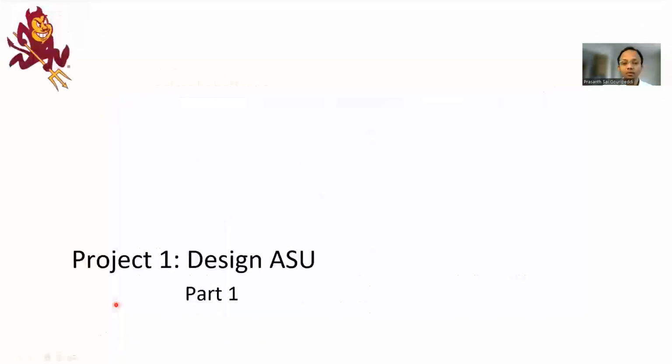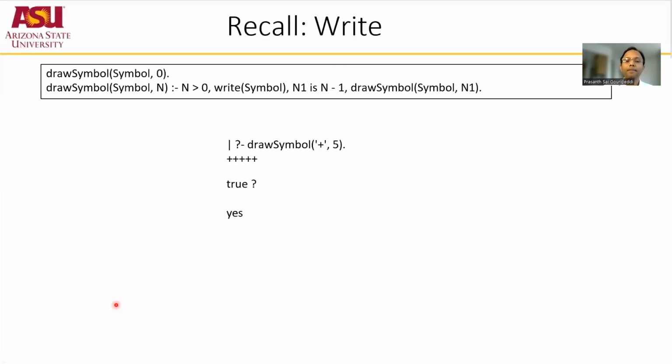So as part 1, let us see how to output the various lines that are required, that is the horizontal and the vertical lines. Recall from our previous recitation, we had a simple program called the draw symbol. If you have done this, you should be able to do part 1 of the project with some ease.